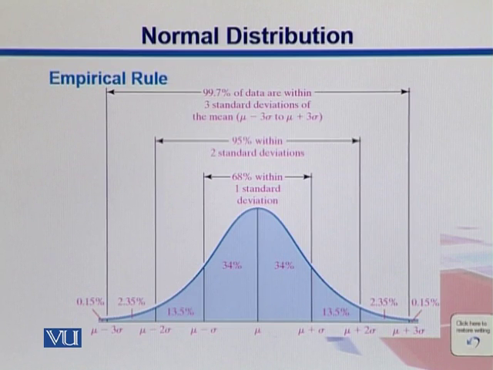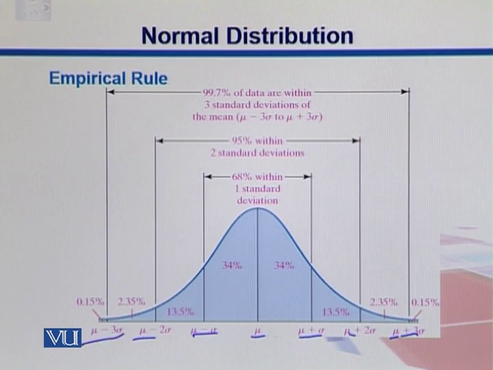As per the empirical rule, if we take a standard normal curve, there is a mean in the middle. Here we are 1 standard deviation away, here 2, and here 3 standard deviations from the mean towards the right side. Same way towards the left side, for values less than the mean. 68% of the values are within 1 standard deviation of the mean.